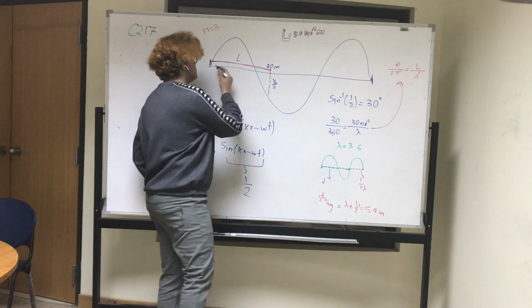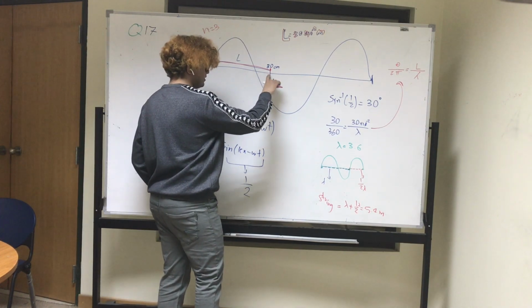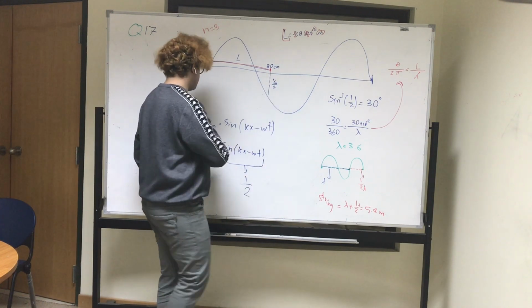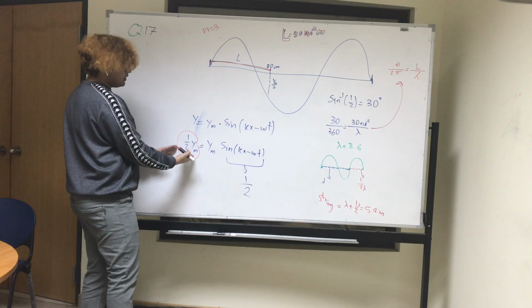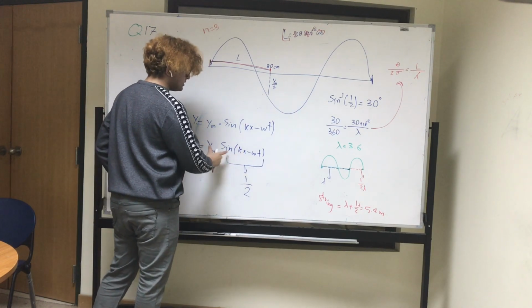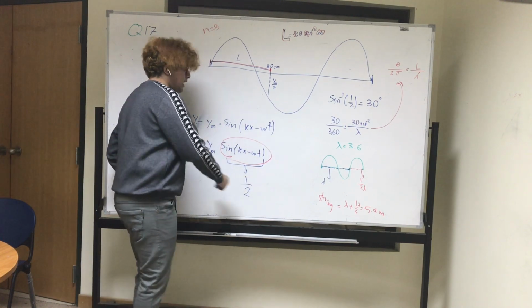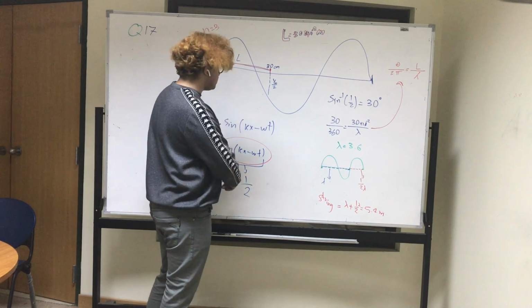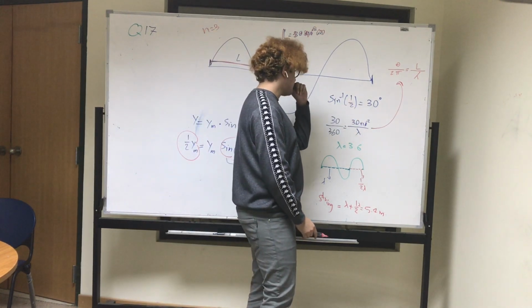So in the question it says that at 30 centimeters, the amplitude is half of the maximum amplitude. The only way we could get this value to be half of the maximum amplitude is by having the sine equal to 1/2. And sine is equal to 1/2 when our angle is 30 degrees.